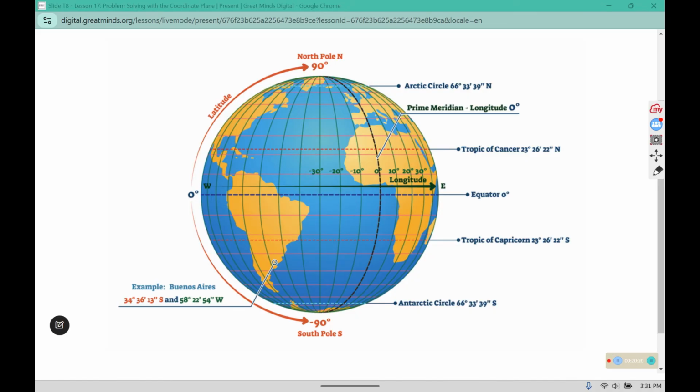This map shows the longitude and latitude for this city, Buenos Aires. And then we also have the equator, which represents a latitude of 0. The prime meridian represents a longitude of 0.